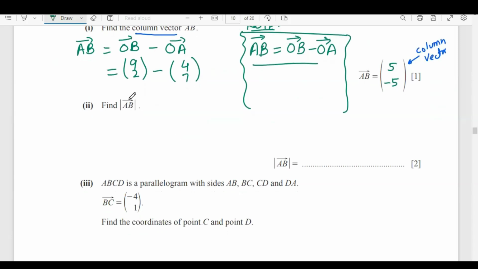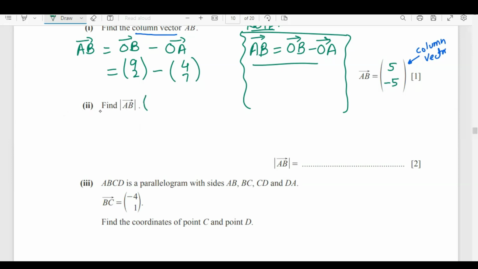Now in the second part, find the modulus of AB. This sign means that in vector form, it is not a matrix. When there are 2 alphabets with an arrow and the modulus sign, this symbol is known as magnitude or length. So we have to find the length of AB or the magnitude of AB.